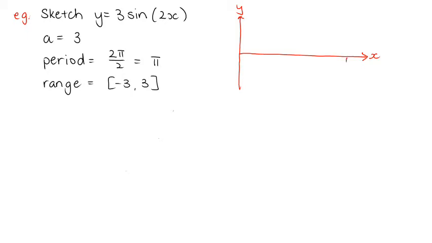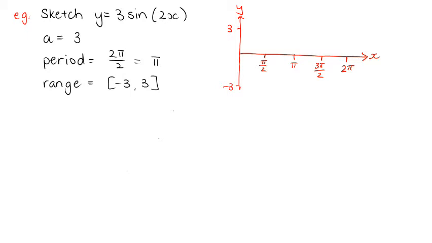Alright, so I might do mine to 2 pi. You can choose whatever interval you like because it's not set in the question. So that'll be pi, that'll be half pi, and that'll be 1.5 pi. Our range goes from 3 to -3.